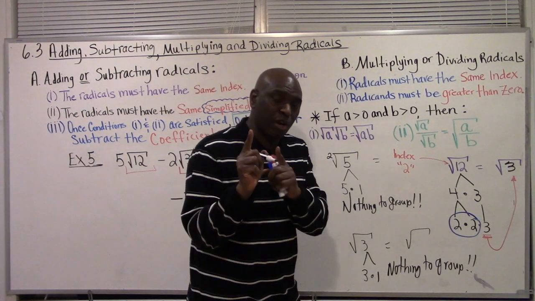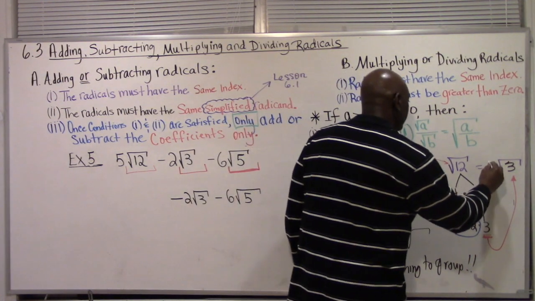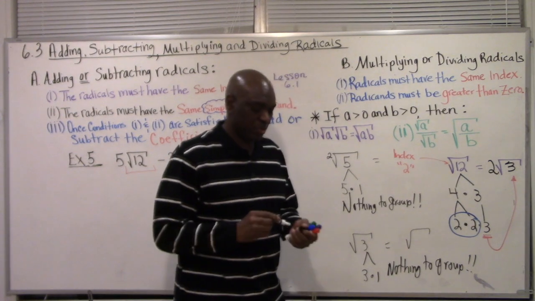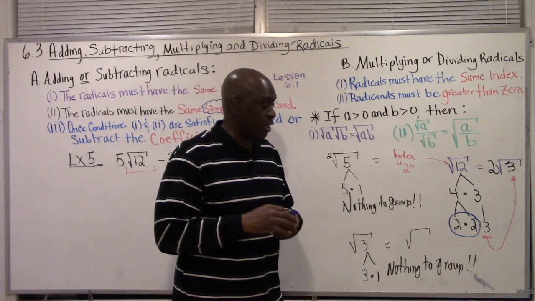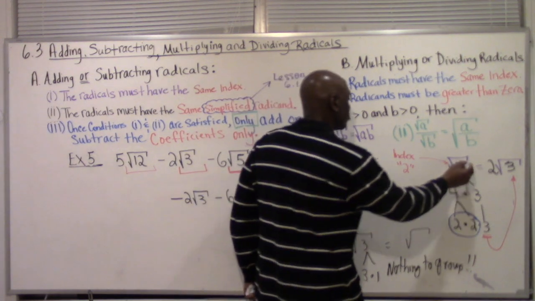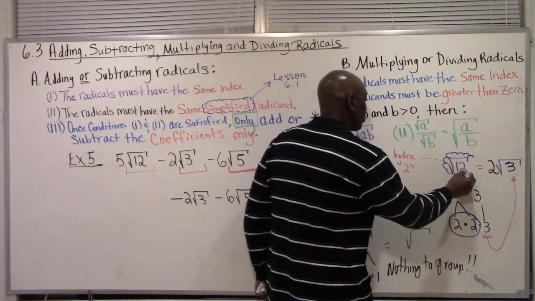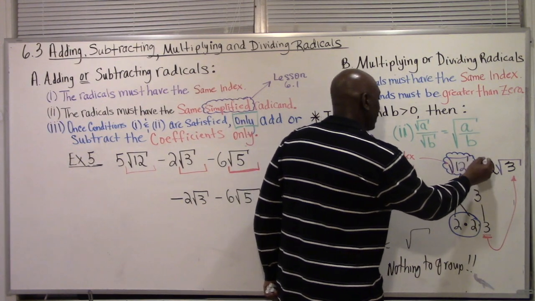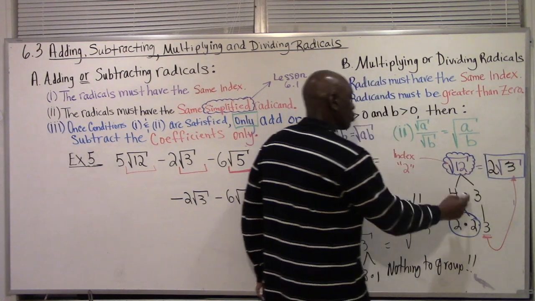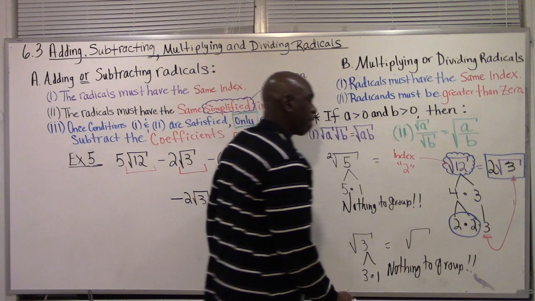And only one representative of what did get grouped goes in the front. There you go. So here's what it means. This square root of 12, you now have to write it like this. So square root 12 must be written like this, 2 root 3.